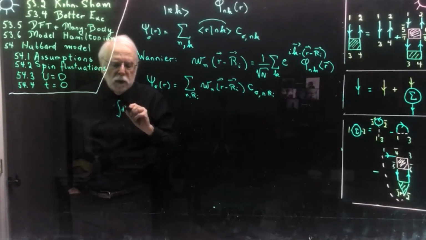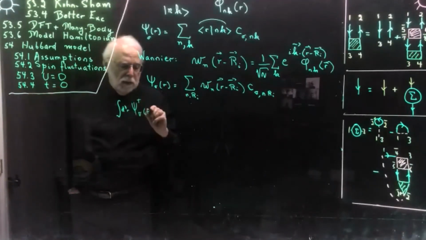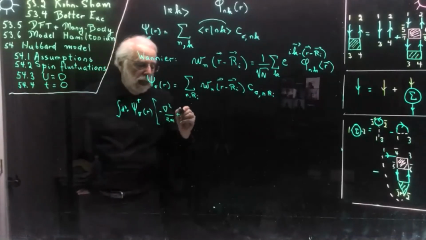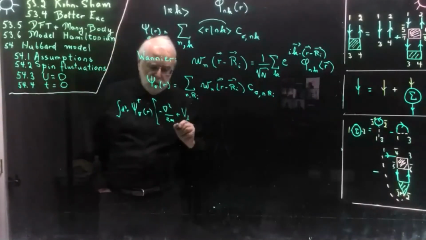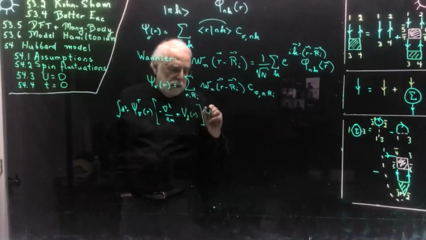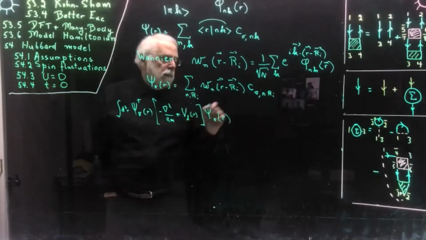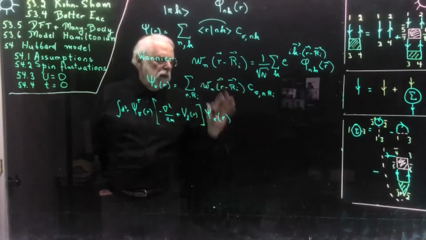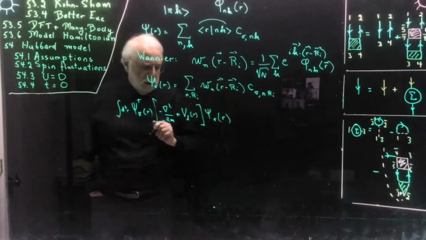So I have the integral d cubed r psi dagger sigma of r, minus grad squared over 2m, and usually we put the lattice potential here, V lattice of r, times psi sigma of r. Now I do this expansion for psi and psi dagger.